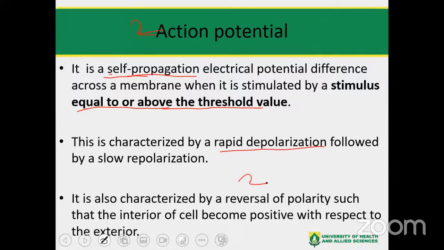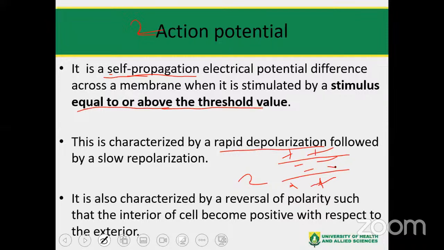And in the resting membrane, we said the inner part is negative, like this. Outer part positive. Okay, positive. And inner part negative.